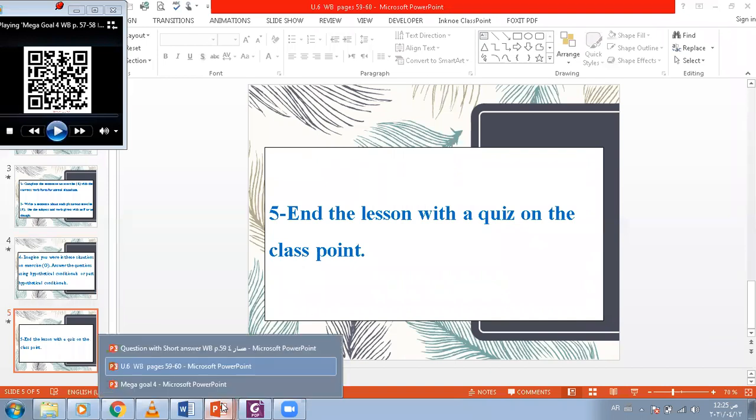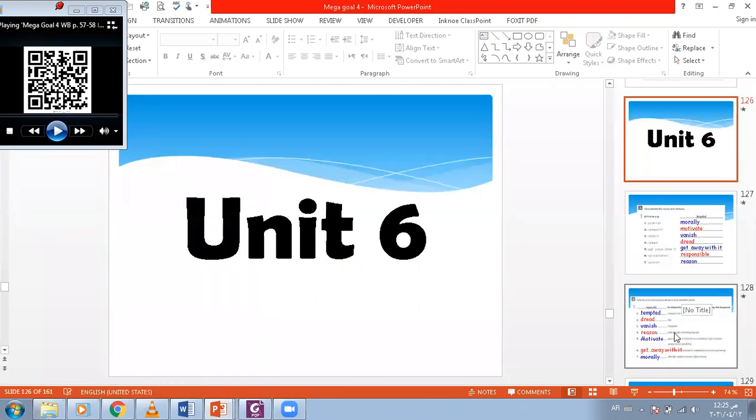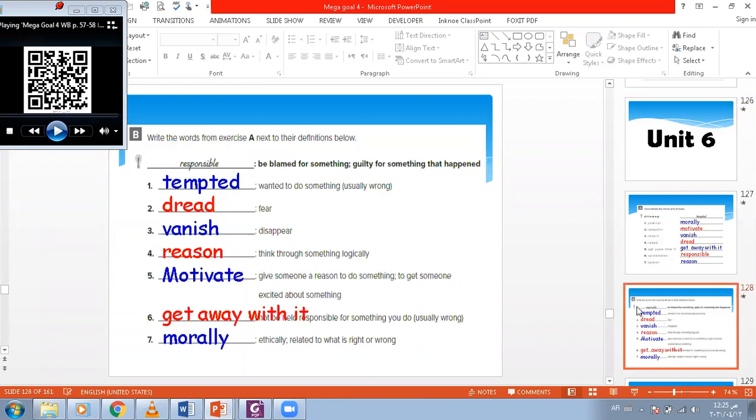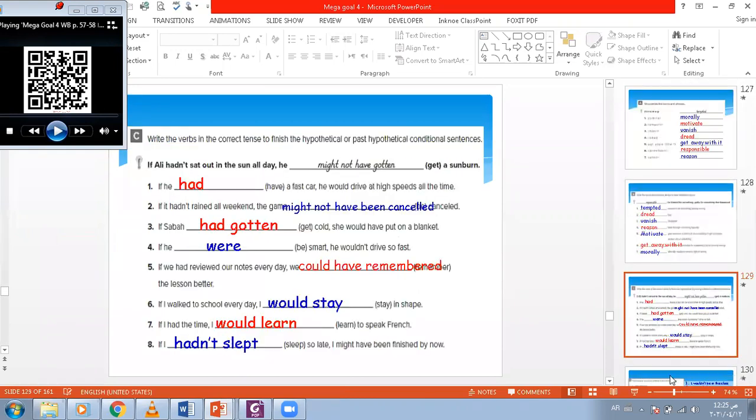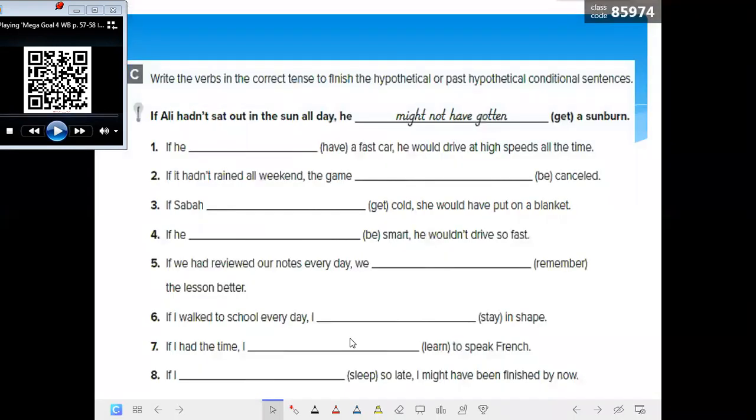Okay, and now, my dear students, let's go to the first part. I want you to open your workbook on page 58 at first to check the homework I gave you before. On exercise C on page 58, I told you to write in the correct tense to finish the hypothetical or past hypothetical conditional sentences.